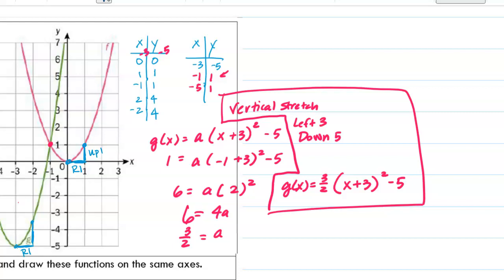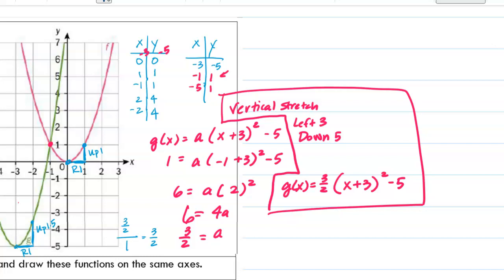It's not clear, you have to kind of estimate. Up 1.5. Okay, so if it's right 1 and up 1.5, 1.5 written as a fraction is 3/2, so up 3/2 over 1. You can do it that way. You can always go right 1 and see how much you go up, and that's actually going to be the a value on your vertical stretch or compression. Not compression, just the stretch.